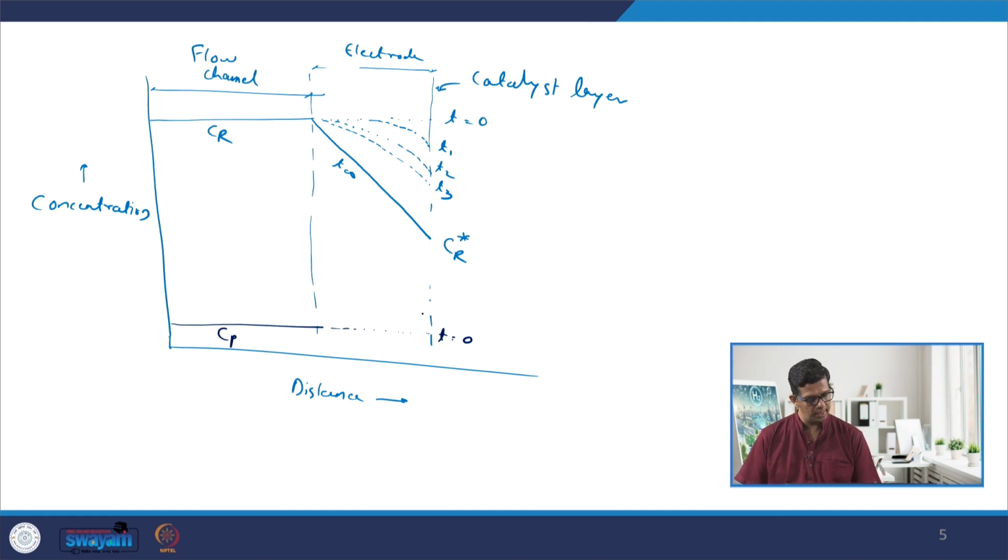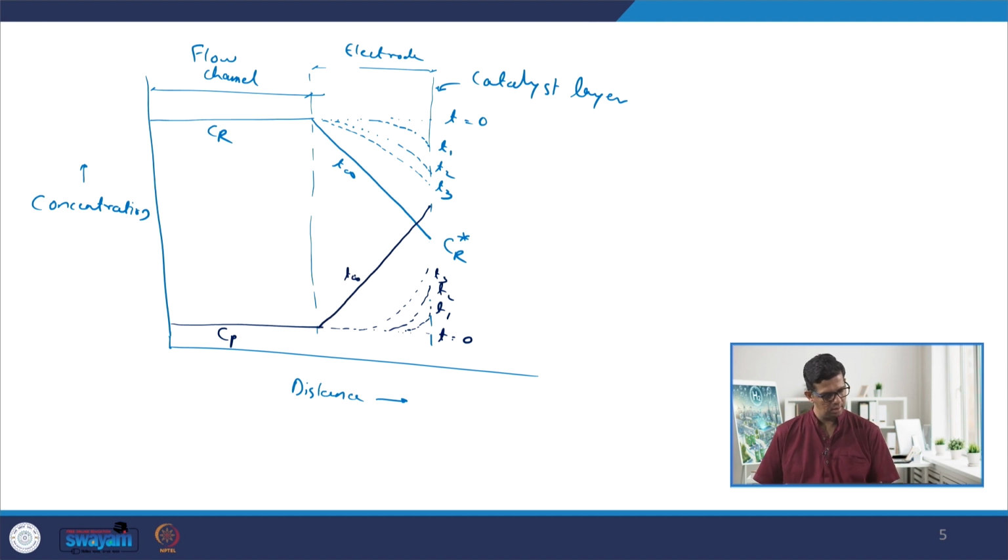However, with increase in time, this is again T1, the concentration Cp also started increasing. This is T2, then T3, and when T becomes T infinity, this is T infinity, this is Cp star.